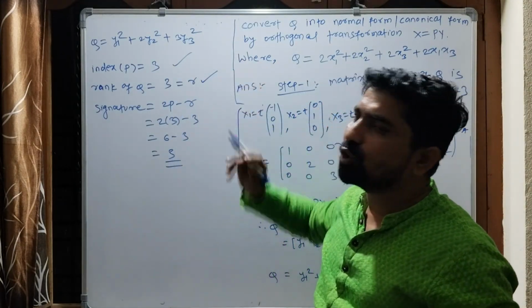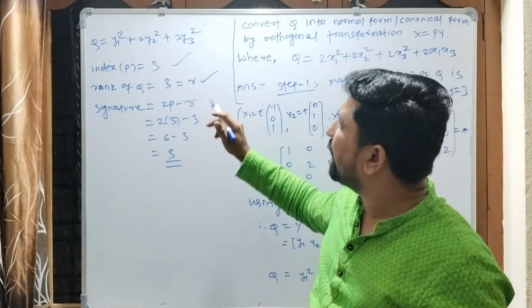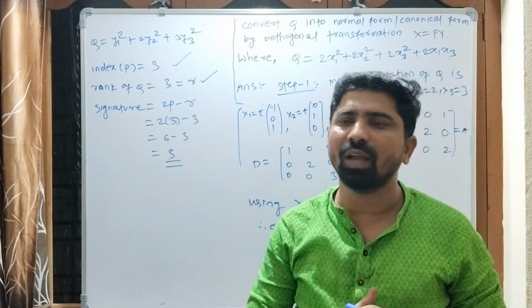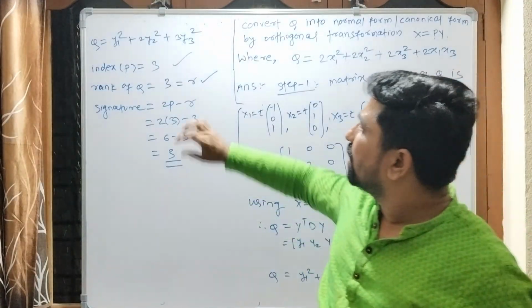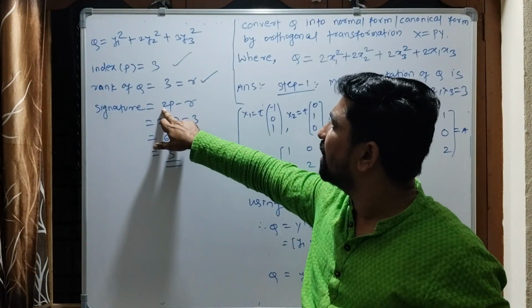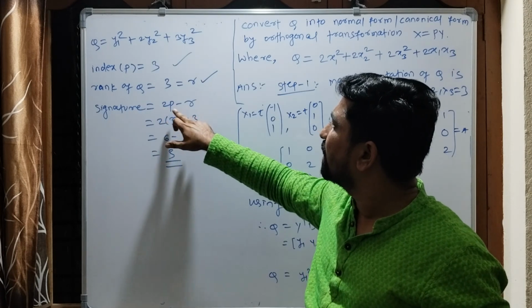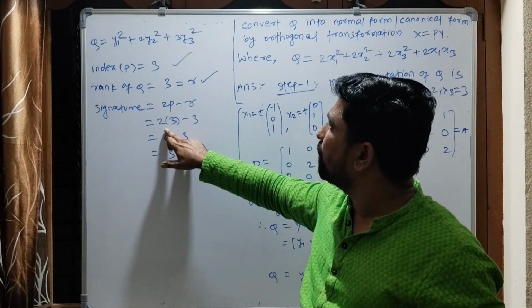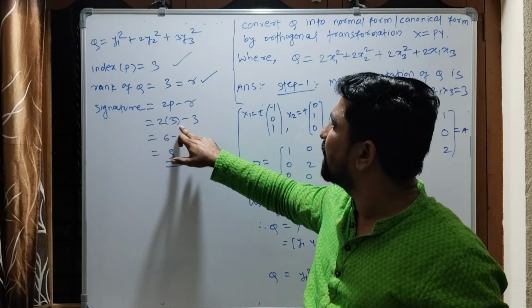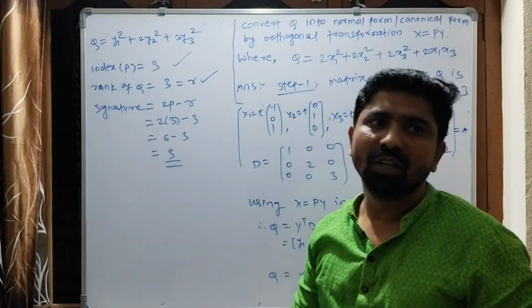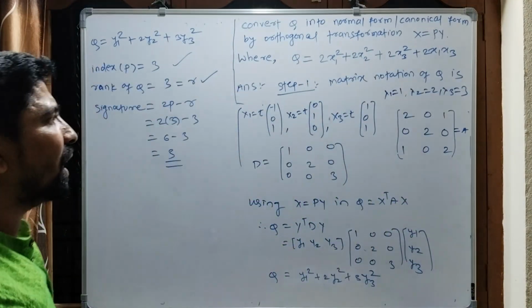Rank is the number of non-zero eigenvalues. And signature equals 2p minus r, the difference between the numbers of positive and negative eigenvalues. Here the value of p is 3 and r is 3. So 2 into 3 is 6, minus 3, that is 3. So that is the signature of my quadratic form.